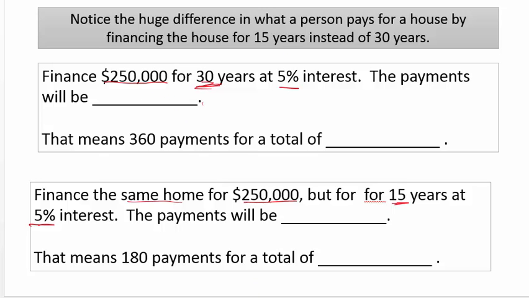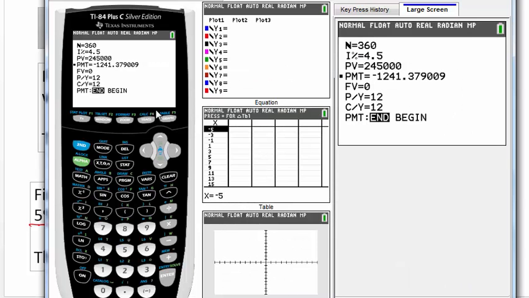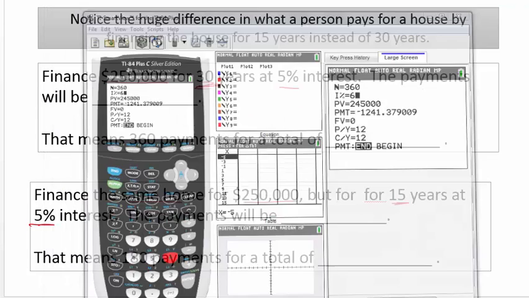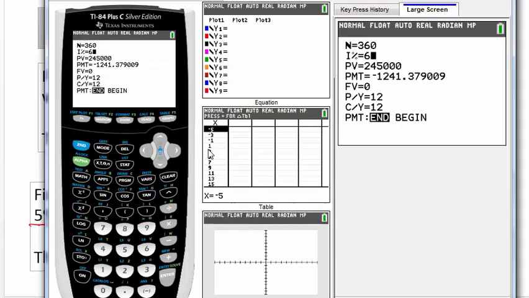So here we go. I'm going to go to my calculator. 30 years is 360 months. And I said 6% interest, I think. Did I say 6%? I'm going to double check. 5% interest. And it was a $250,000 loan.